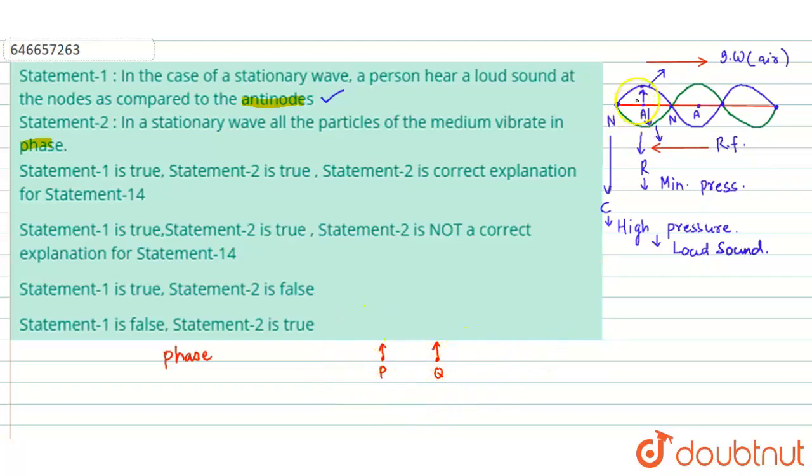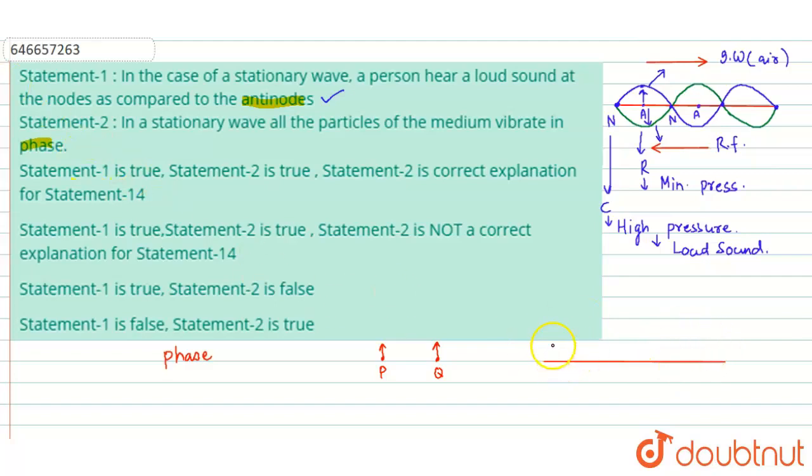Now let us examine a stationary wave. Does it happen in a stationary wave that all the particles are in the same direction of motion? This is not true. Let us take an example. Does it happen in a stationary wave that at an instant all the particles are moving in the upward direction?